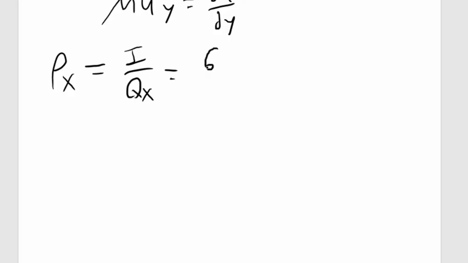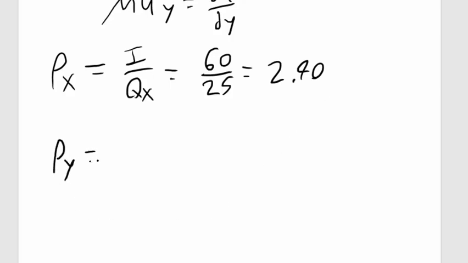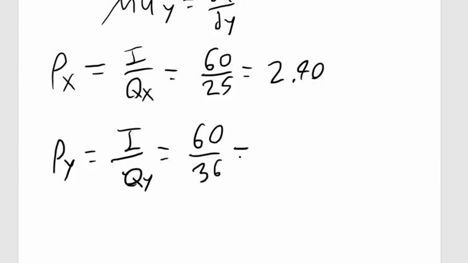So if we have 60 over 25, that will give us a price of $2.40. And we can do the same thing to find the price of Y. So income over Q of Y equals 60 over 36, and that equals $1.67.